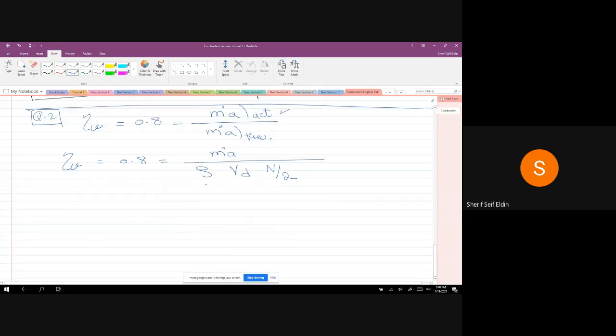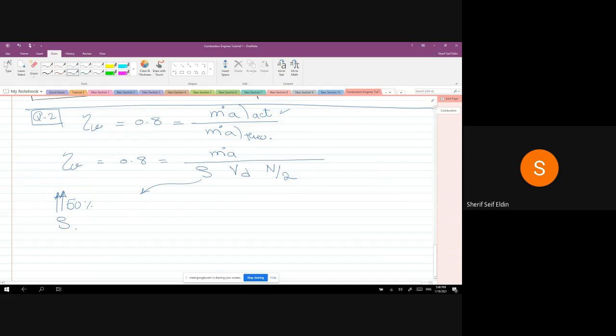So rho is 50% higher than the 1.17. So it's 50% higher. Let me clarify it.